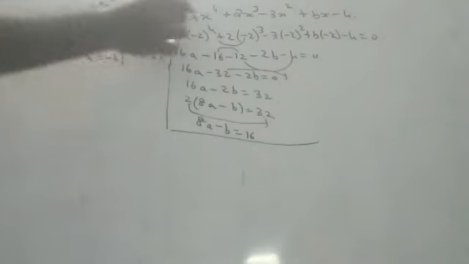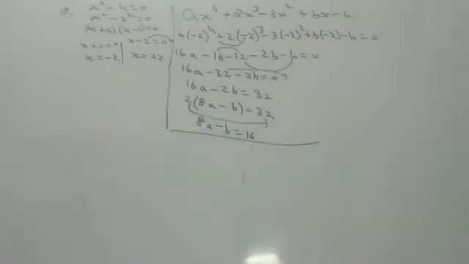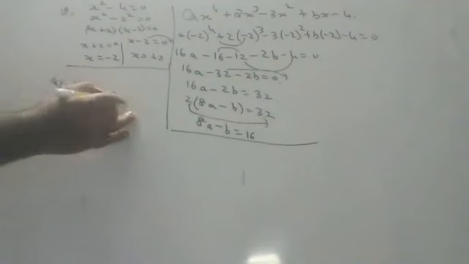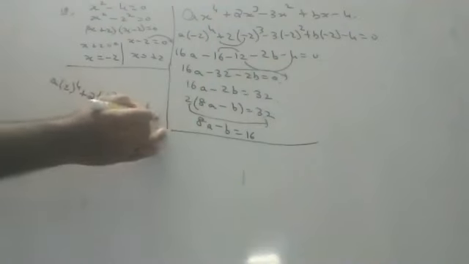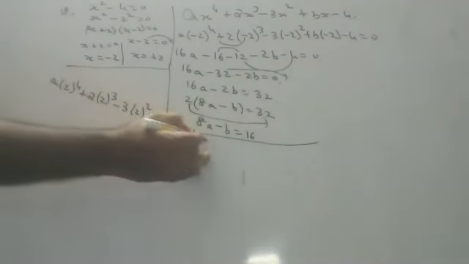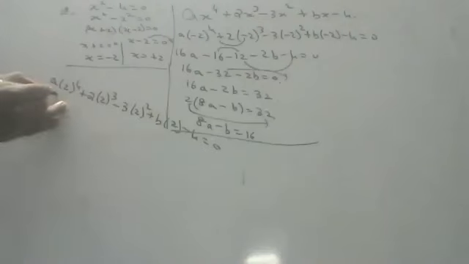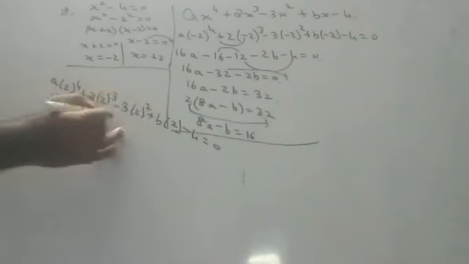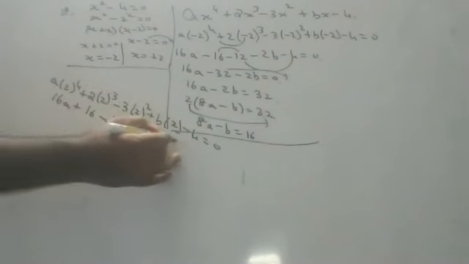Now substitute plus 2. You will get the second equation. I am substituting plus 2, children. All of you see here. A into 2 to the power of 4 plus 2 into 2 to the power of 3, minus 3 into 2 square, plus b into 2 minus 4 is equal to 0. So how much is this, children? 16a plus 16 minus 12 plus 2b minus 4 is equal to 0.